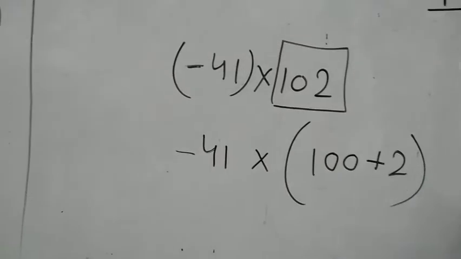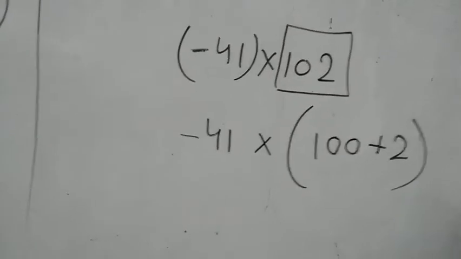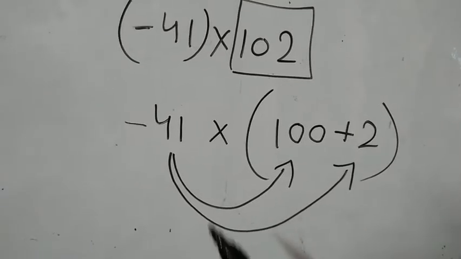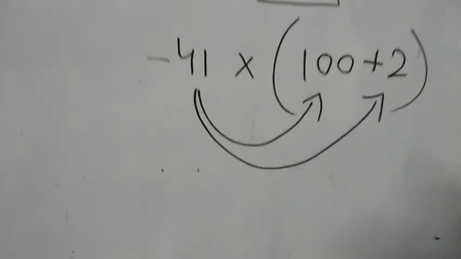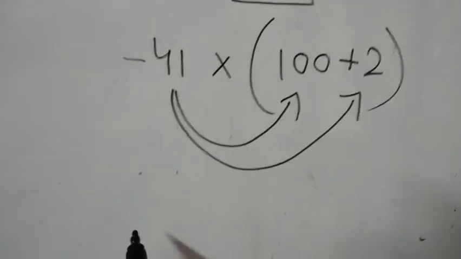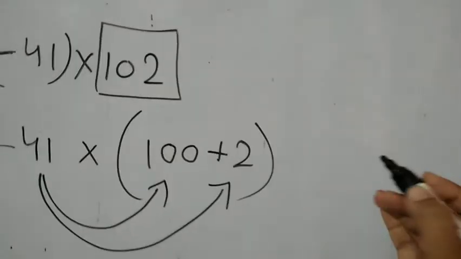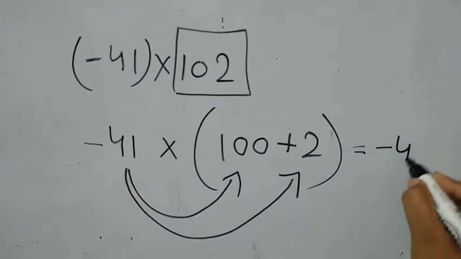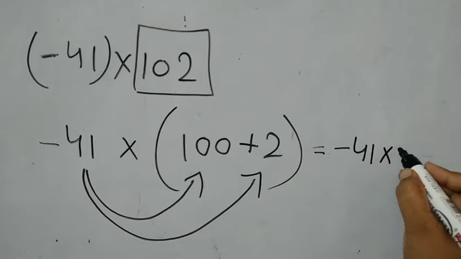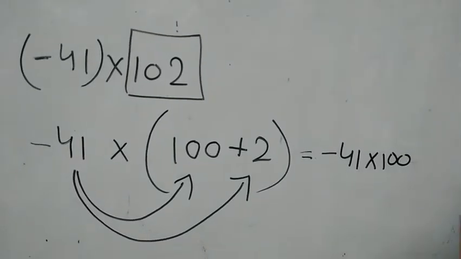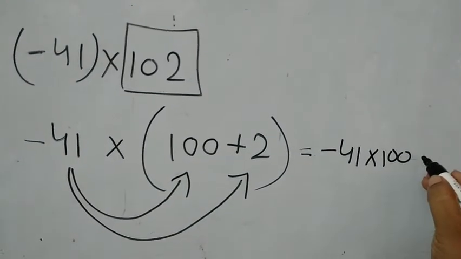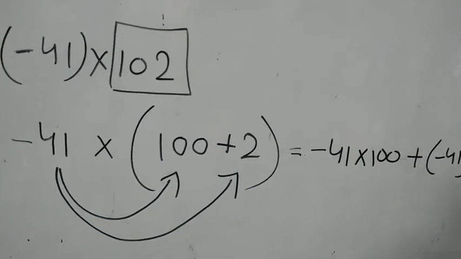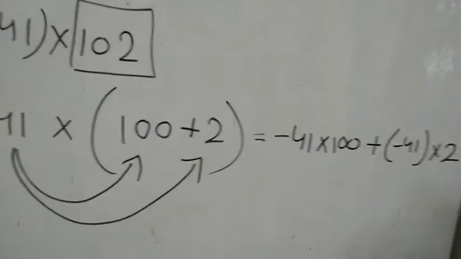Now you can clearly see this is our distributive property. So here minus 41 will be multiplied by 100 and 2. I will write here: minus 41 into 100 plus, in a bracket, minus 41 into 2.